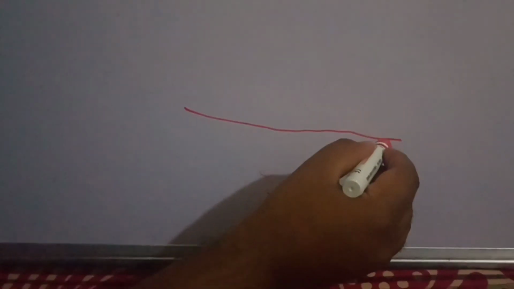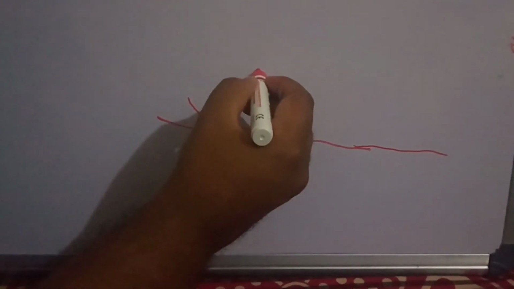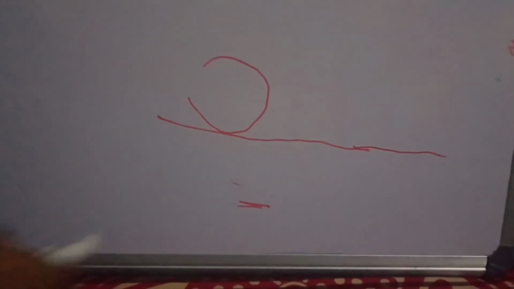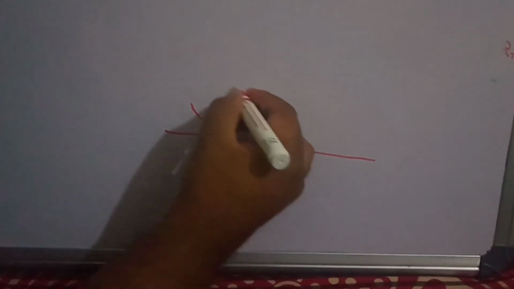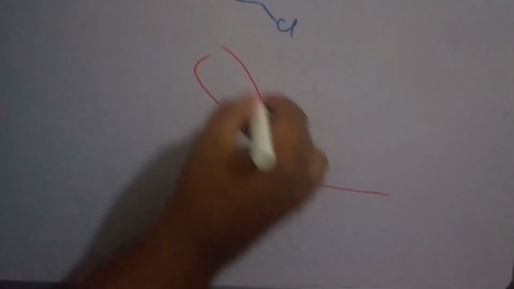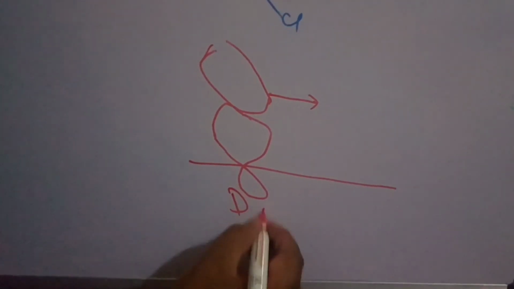You know that the DNA structure is a helical structure. Simply for understanding purposes, it contains adenine, guanine, cytosine, thymine, purine and pyrimidine nucleotides. So you think that this is a DNA.